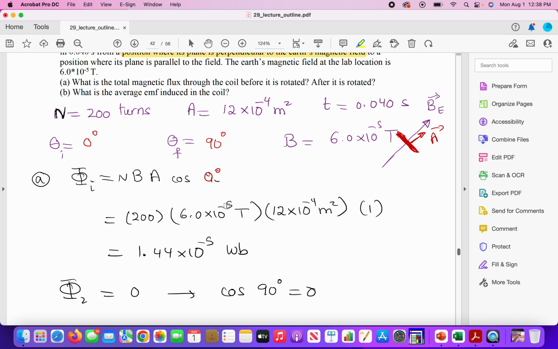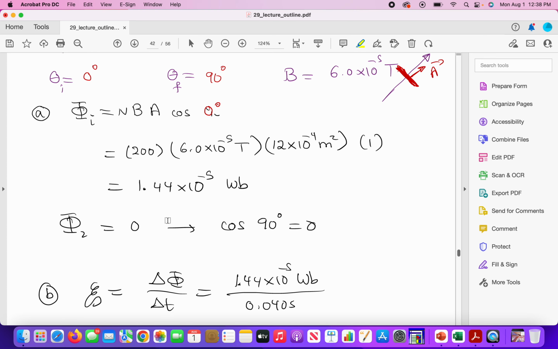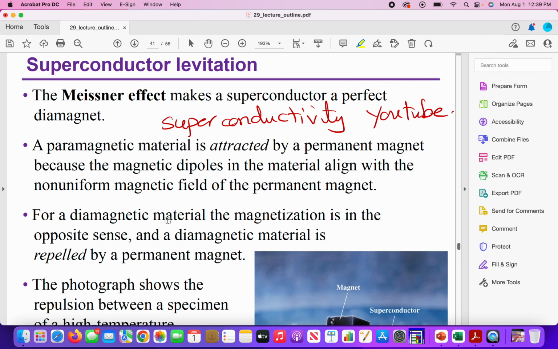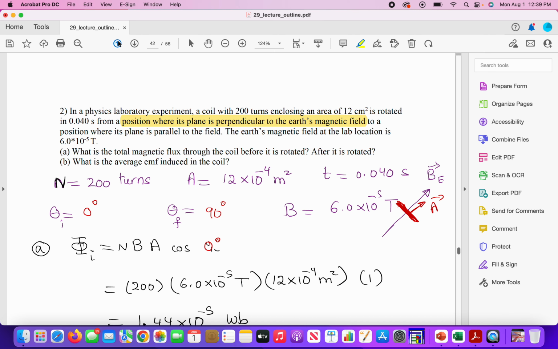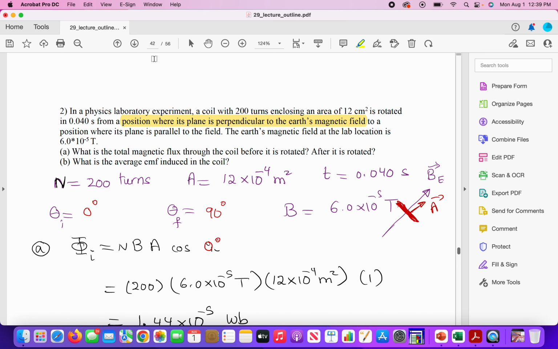Now the initial flux is BA cosine 0, and when I plug in my numbers, the flux is 1.44 × 10⁻⁵, and for theta 2 it is 0.